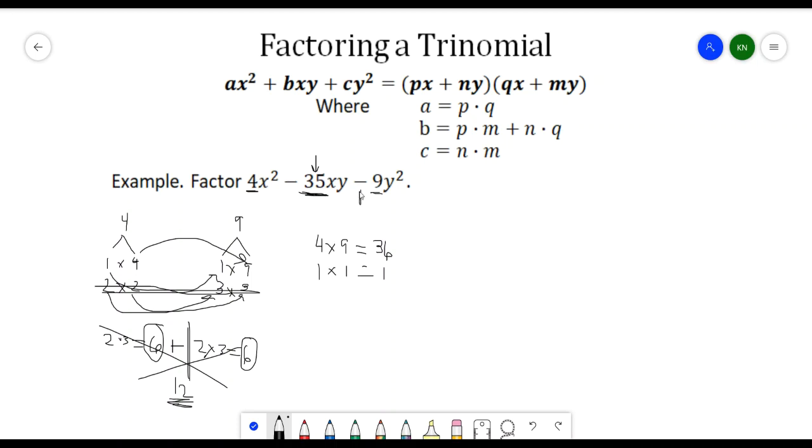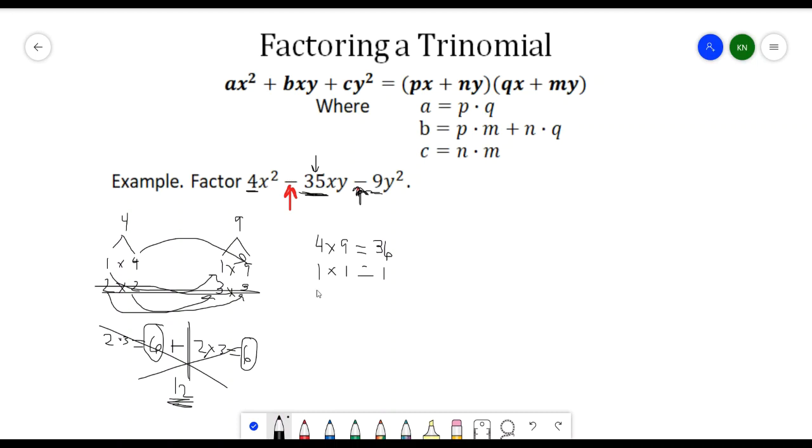And seeing this sign, if this is a negative sign, meaning to say the signs of your factors are different, one is positive and one is negative. Now, seeing this sign, it says that all of the factors have a negative sign.